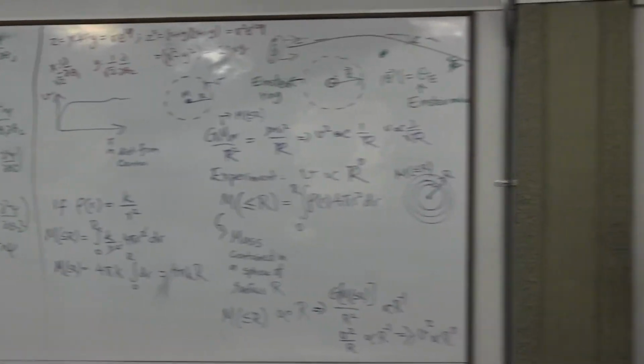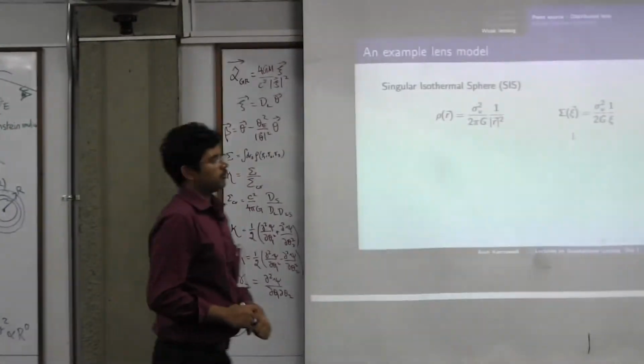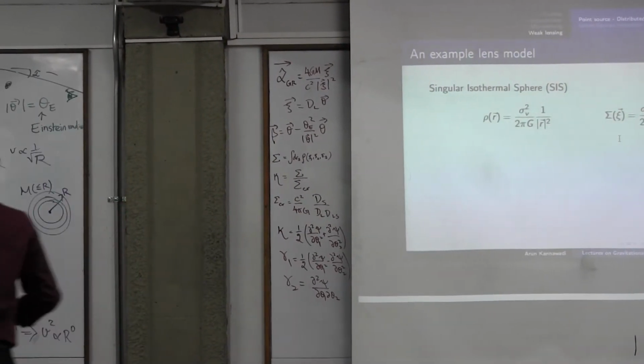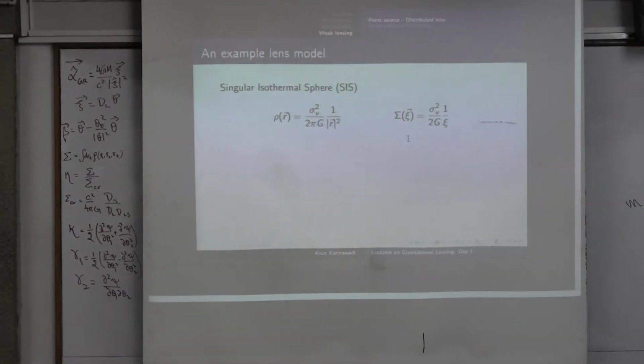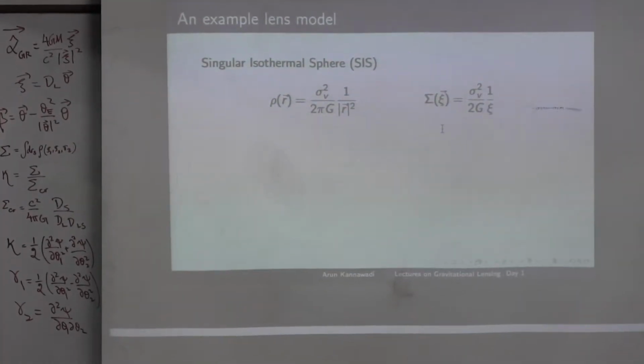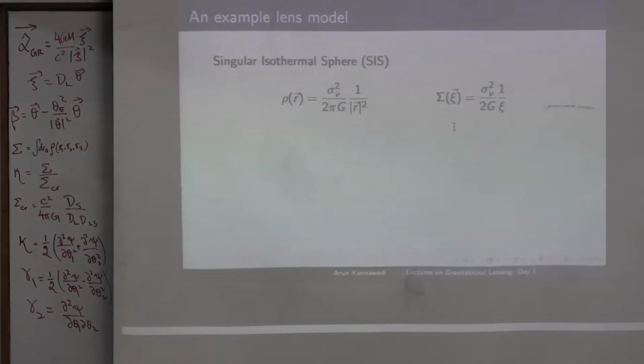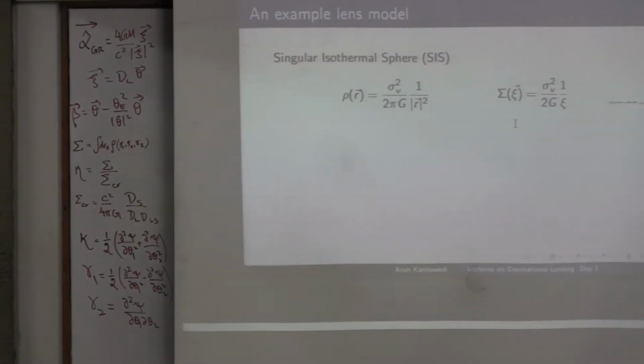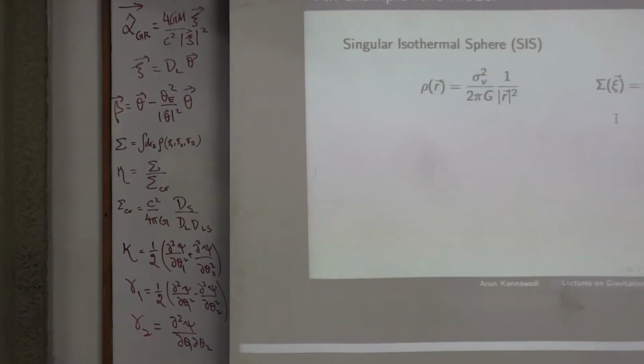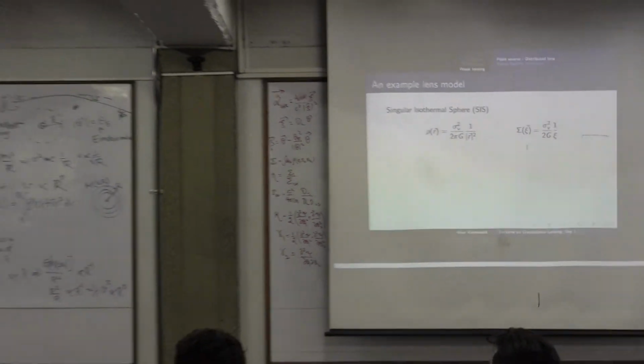It is this functional dependence that is very, very important. So okay, we will start with this density profile, rho as a function of r.